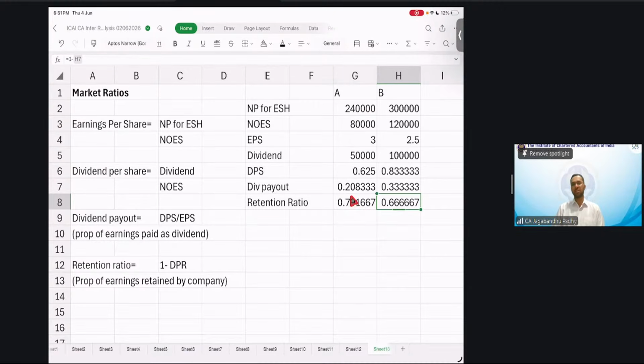So if you're paying out 20% as dividend, of course, the rest 80% is retained. Okay, fine. So that's your retention ratio.